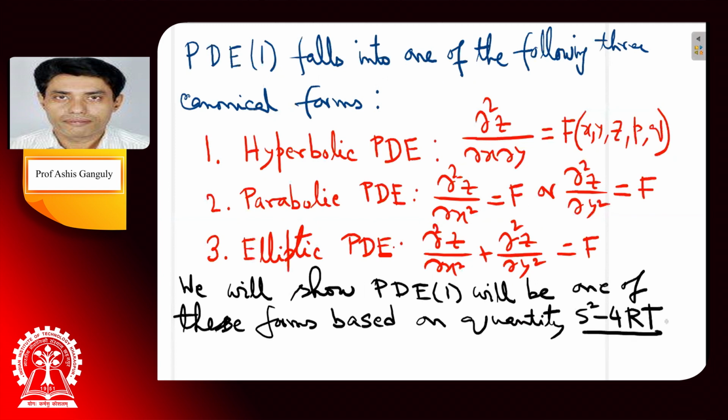It must recall to you the quantity h square minus ab in 2D geometry, whose values are less than 0, greater than 0, and equal to 0.